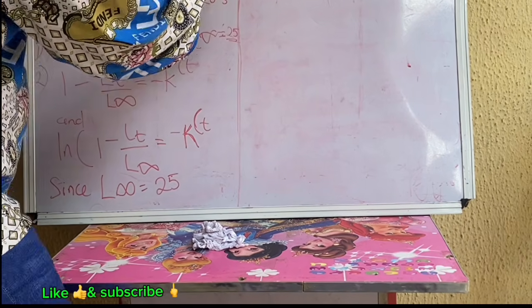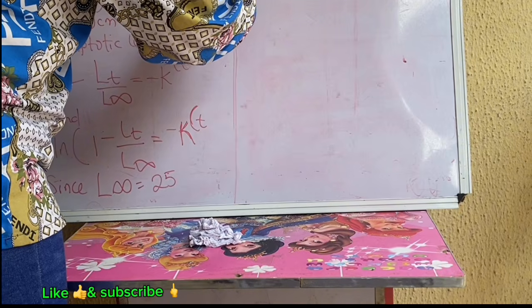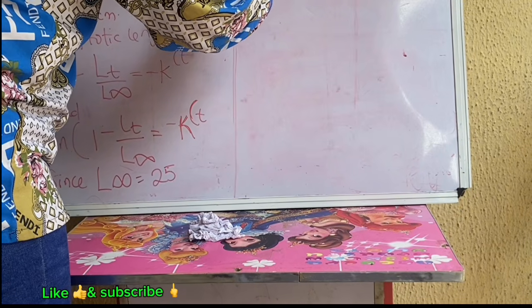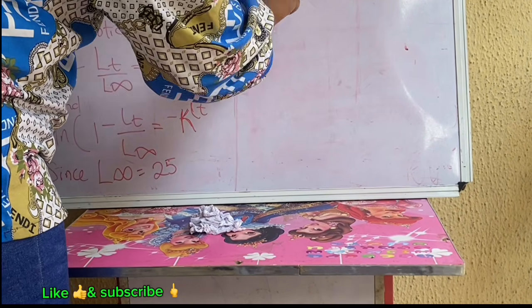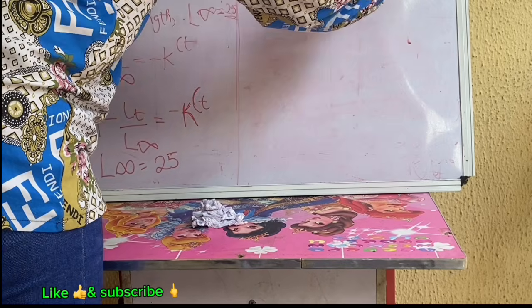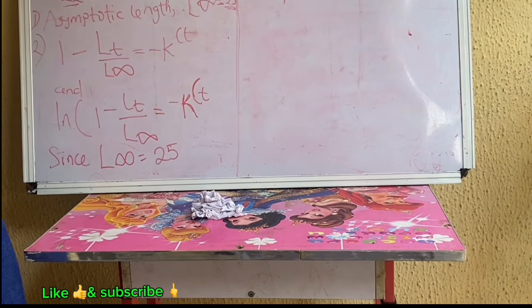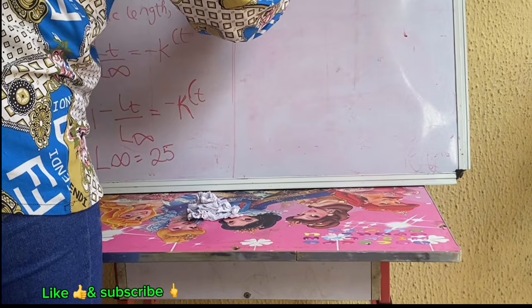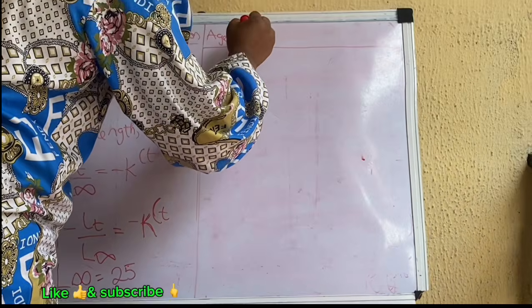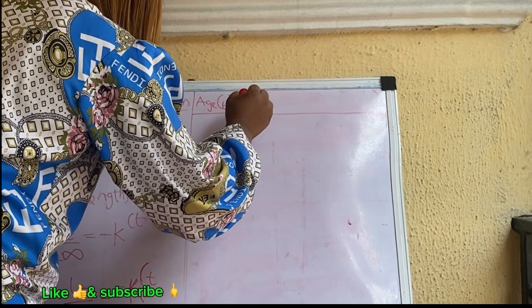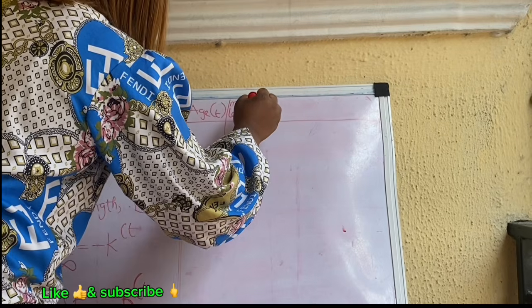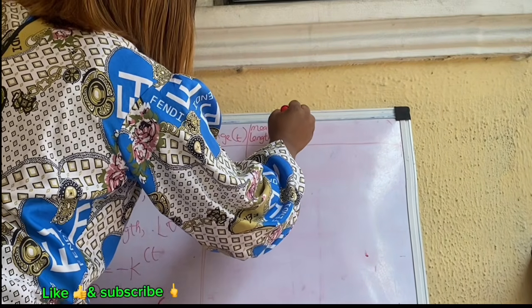So now you have your age, which is t, then your length, which is the mean length. This mean length is in cm.